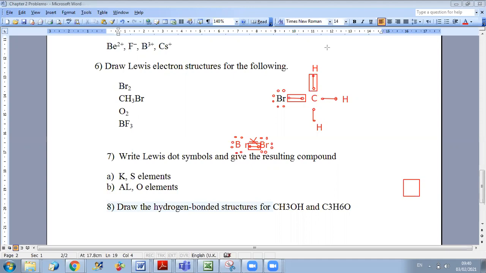Because if you have a metallic compound, then the number of electrons is not enough to share. So we will be in the case of metallic bonding. The electrons will be shared between all atoms, and they will form a cloud of electrons. This is the third possible type of bonding between atoms, which is metallic bond. But when we talk about atoms with more than 4 electrons, then it's a covalent bonding.